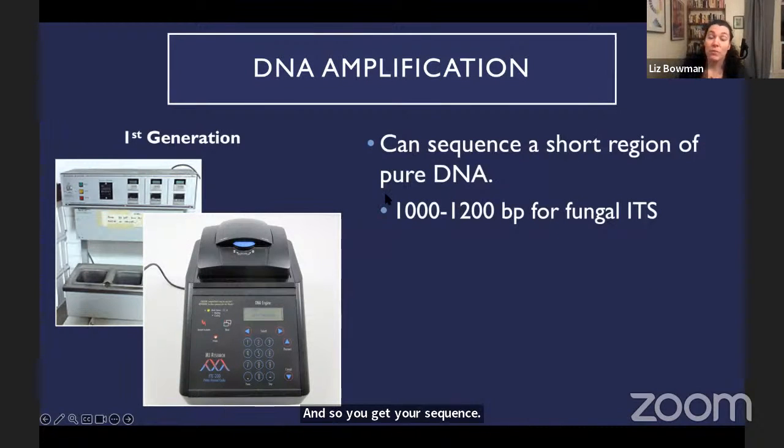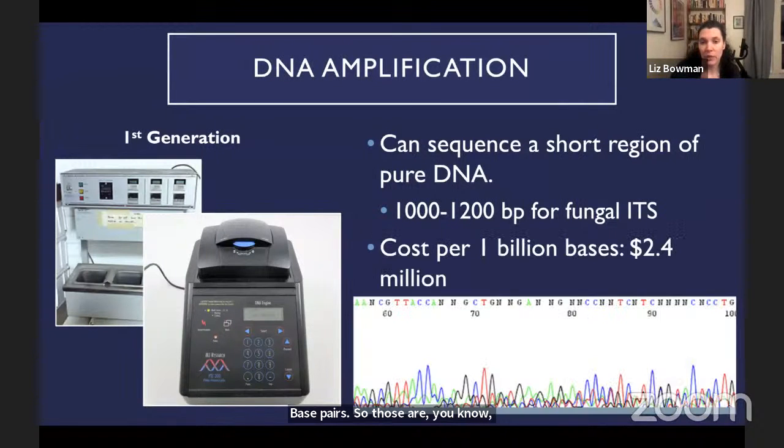So with this first generation of sequencing, Sanger sequencing, you get fairly short regions of DNA. For fungal ITS, I normally get around 1,000 to 1,200 base pairs. So those are A's, C's, T's, and G's, 1,000 to 1,200 of them. And the cost is pretty expensive.